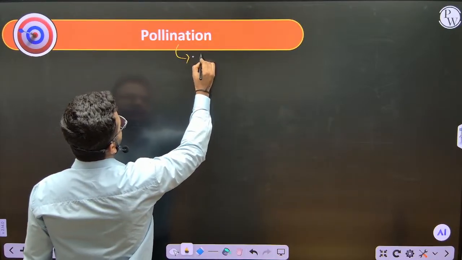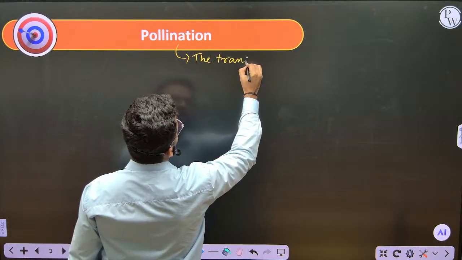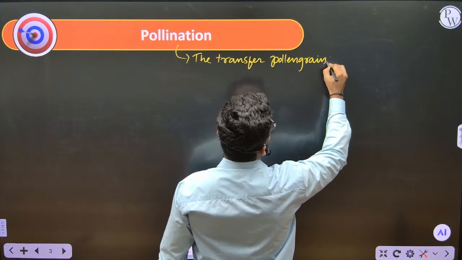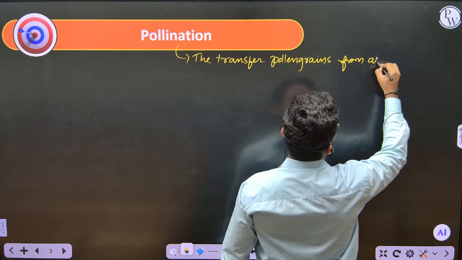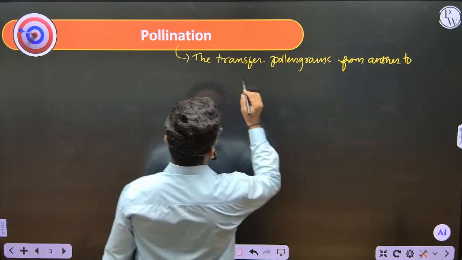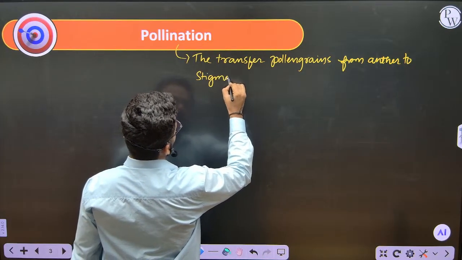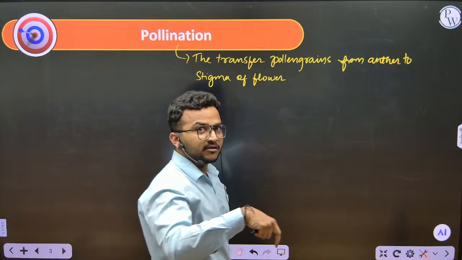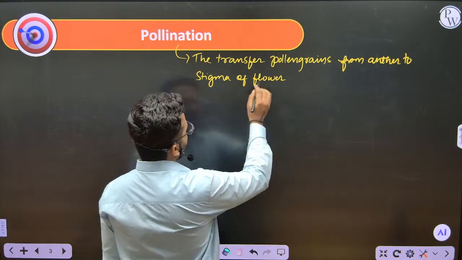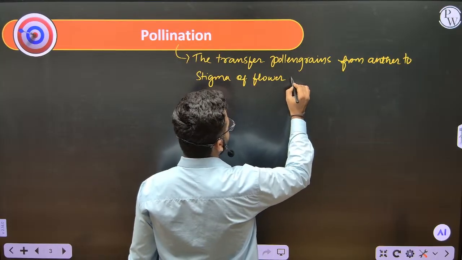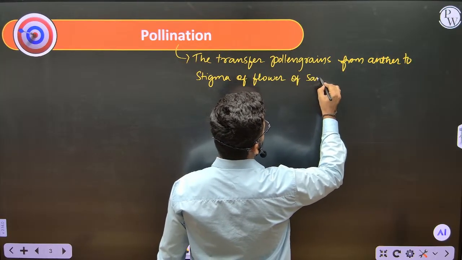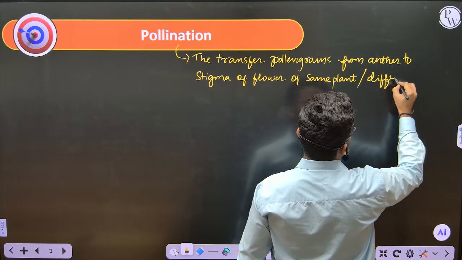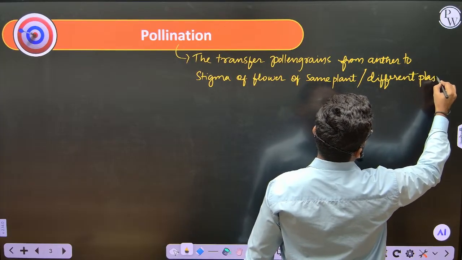the transfer of gametes, or the transfer of pollen grains, from anther to stigma of a flower of the same plant or of a different plant of the same species.